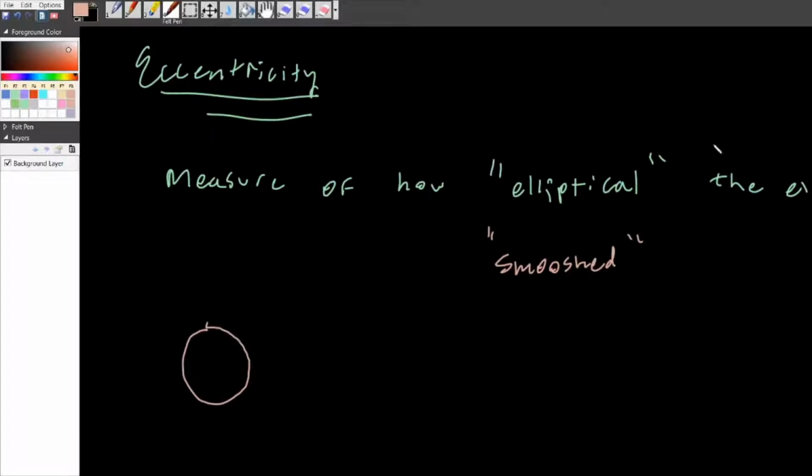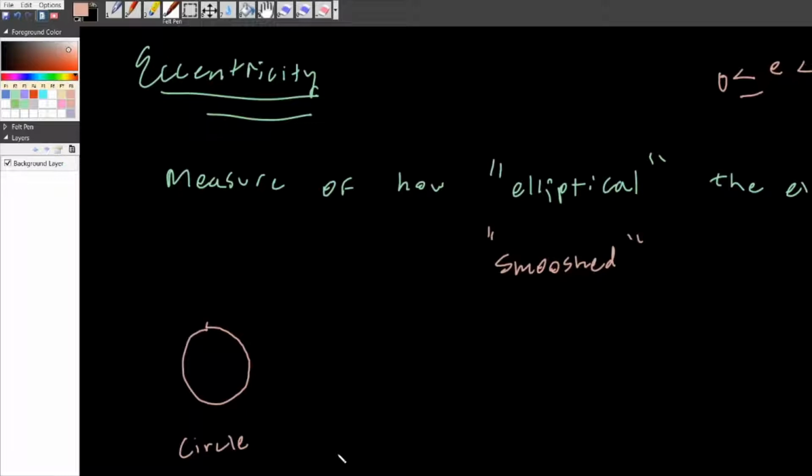And so eccentricity is a value defined to be between 0 and 1, not inclusive for ellipses. So the eccentricity of, well, actually inclusive at 0. The eccentricity of a circle is E equals 0. It's not elliptical at all. It's a circle. It's like a square to a rectangle. A circle is a perfect ellipse.